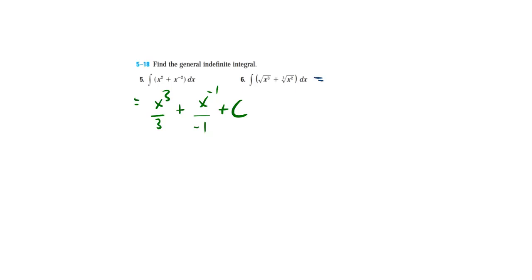All right, likewise this one. This right here is like x to the 3/2. You could rewrite it if that's easier, x to the 3/2 plus x to the 2/3. So what happens? The numerator goes up by 1.